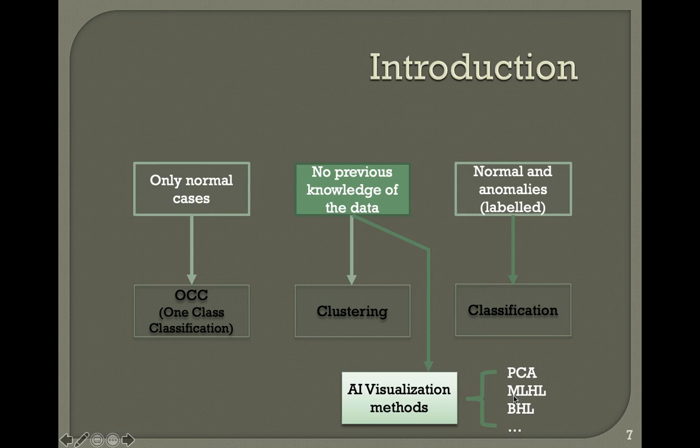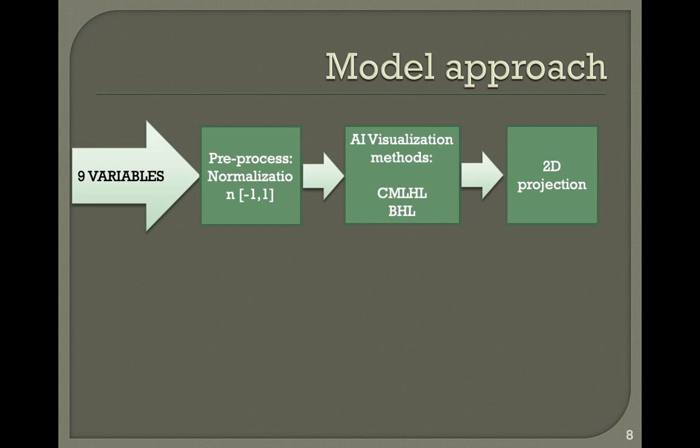Specifically, we'll apply the maximum likelihood Hebbian learning and the beta Hebbian learning, both belonging to the exploratory projection pursuit methods. The model approach that will follow in this research is to start with the data set. In this case, we'll have 9 variables.